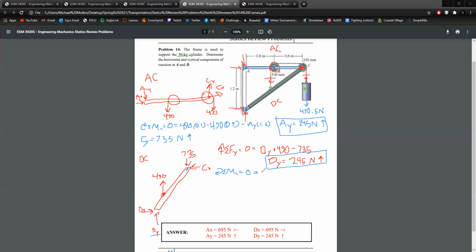So we'll have plus 490 times the distance from C to this 490, which is going to be 0.9 meters, just as it was before. So we go from here all the way out to here, which is 0.9 meters. We're going to have plus dy. Sorry, this 490 should be, oh wait, no, yeah, it's positive. We're going to have plus dy as well, which is known. We just found it, times the full 1.6 meters.